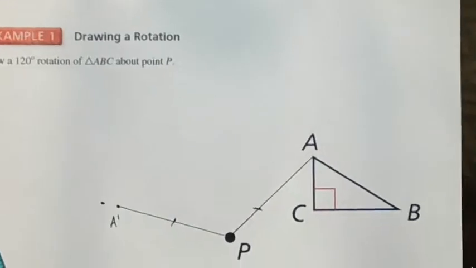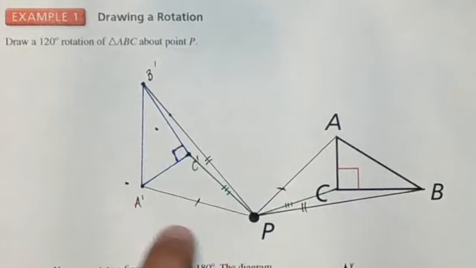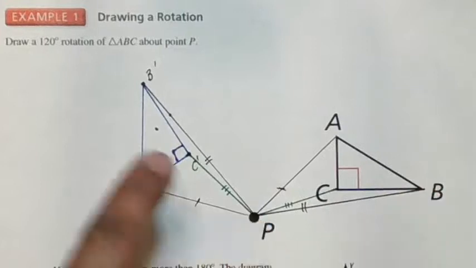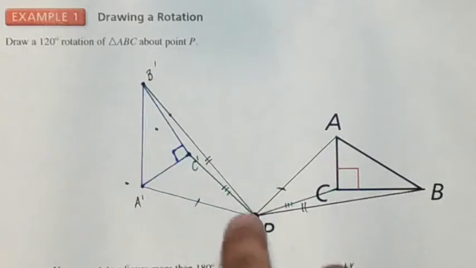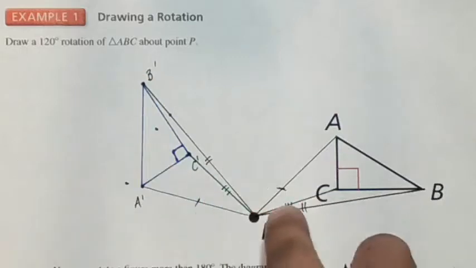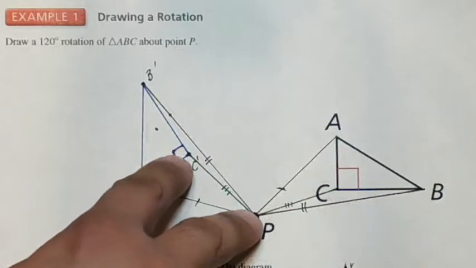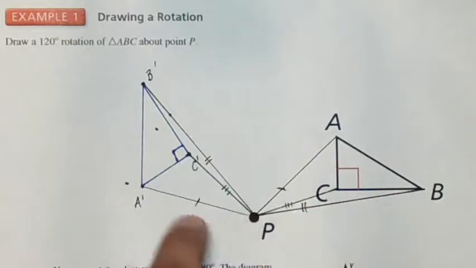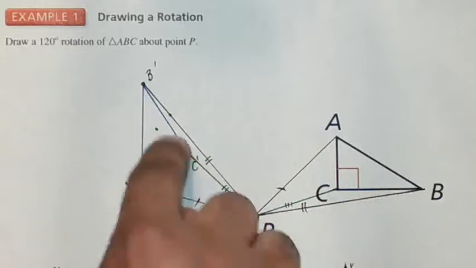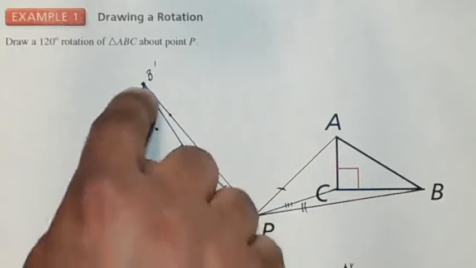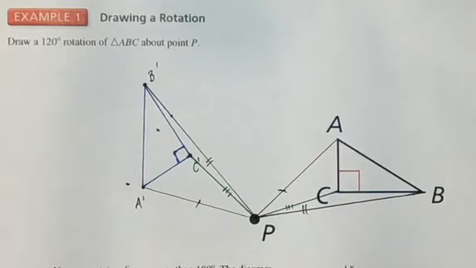Then I do the same thing with B and C. I repeated the process from P to B, and copied that distance to B prime. I did the same thing with C, so the segment from P to C is the same distance as P to C prime. Copying all of these, making that 120 degree angle for each one, creates this new triangle, rotated 120 degrees counterclockwise.